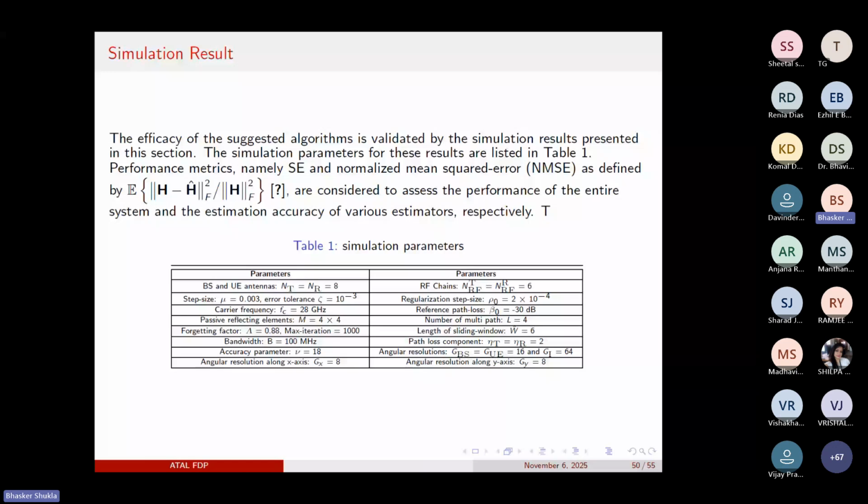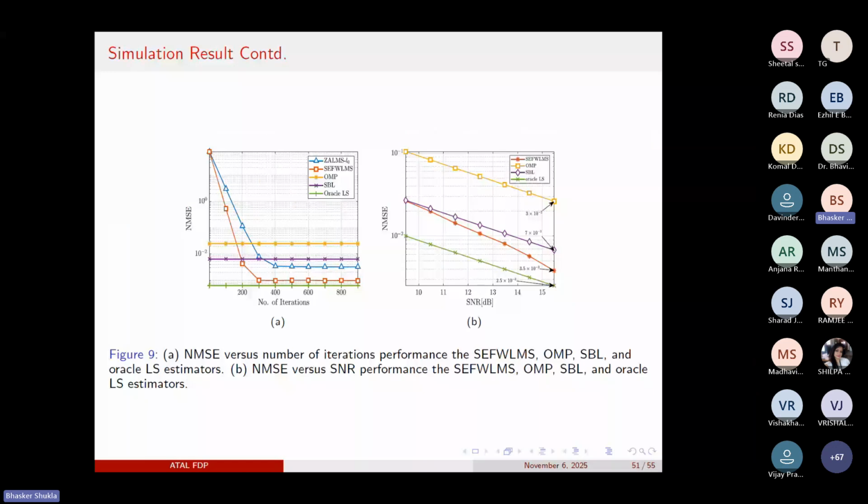With the help of these parameters, I found the simulation results, which are an MSE versus number of iterations plot, and the lower green part corresponds to Oracle least square. I have taken it for benchmarking purposes and compared with existing algorithms like sparse Bayesian learning and OMP.